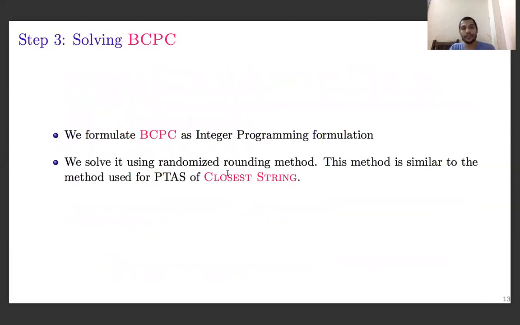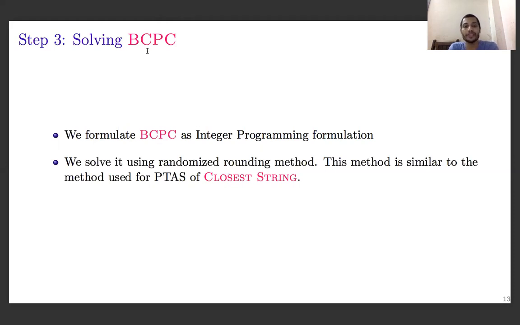And once we reduce to binary constraint partition center, we formulate this problem as an integer program. Then we solve it using randomized rounding.